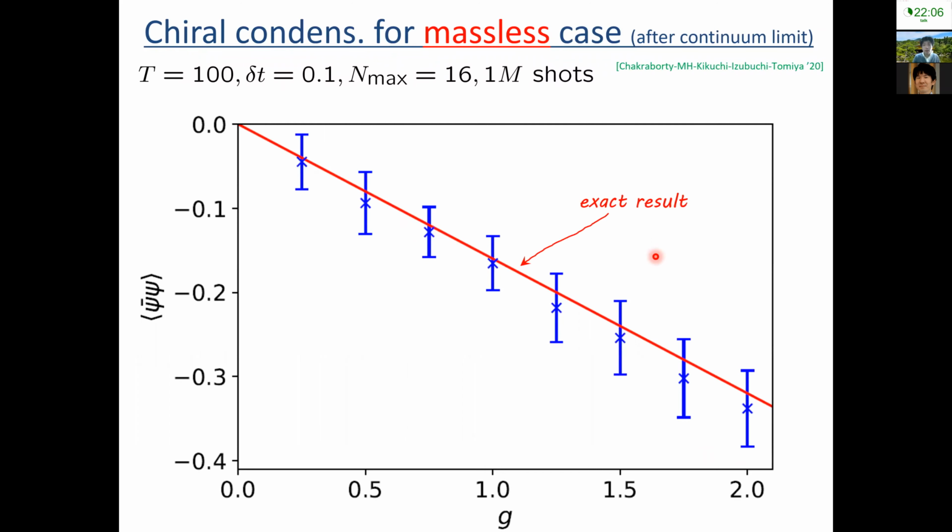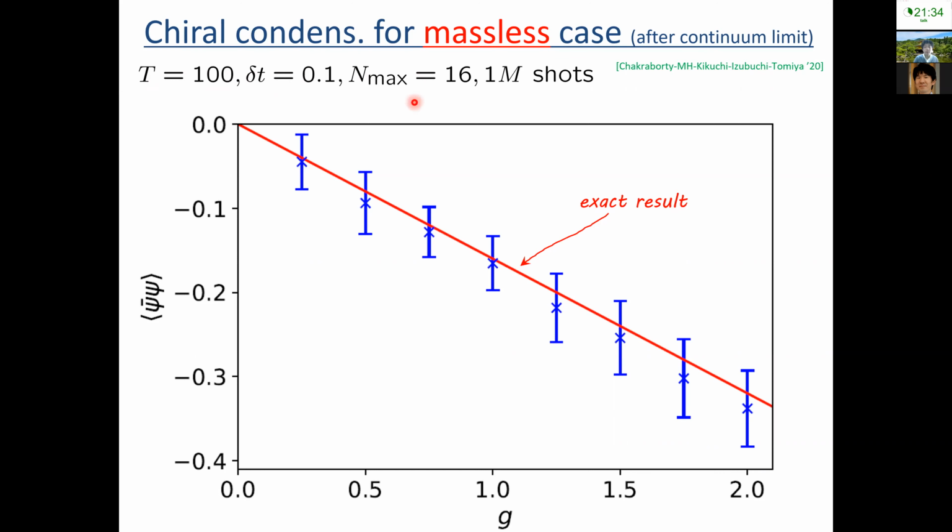Okay. And this is the result of the expectation value of the fermion mass operator for the massless case. We have already taken the thermodynamic limit and continuum limit, and we have chosen parameters like this. Here, T was the final time of the adiabatic state preparation, and delta T is the step of the Trotter decomposition.